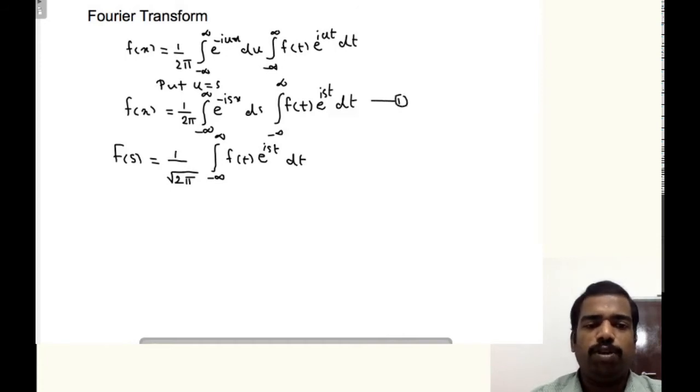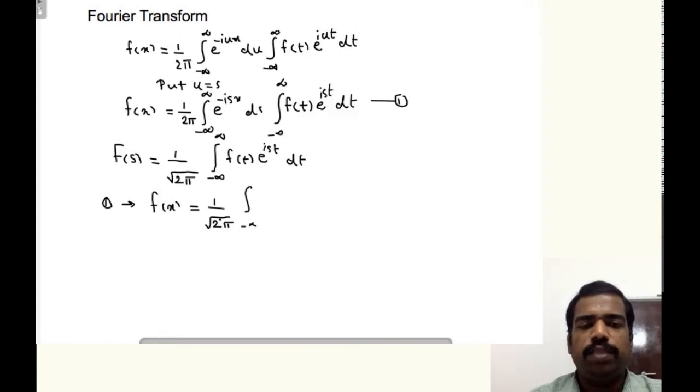So equation 1 changes to f of x equal to 1 by root 2 pi, integral from minus infinity to plus infinity of f of s e raised to minus isx ds.